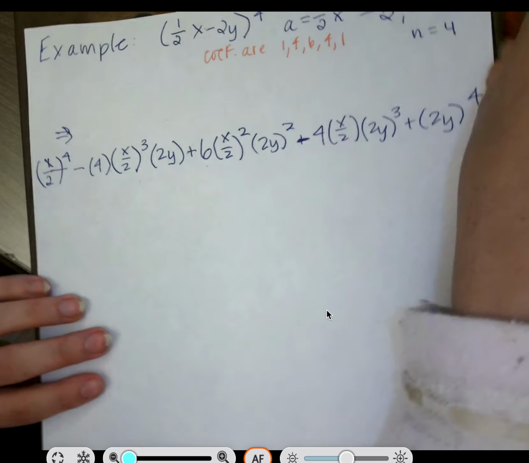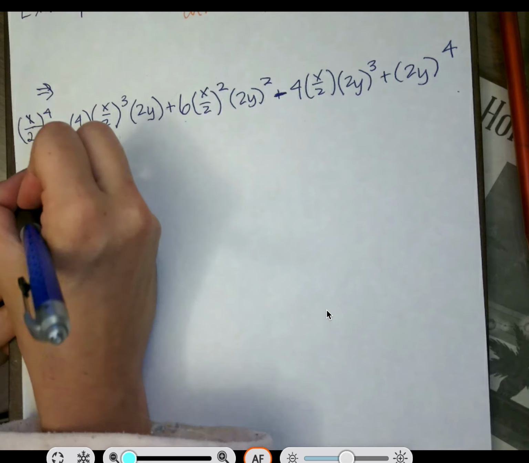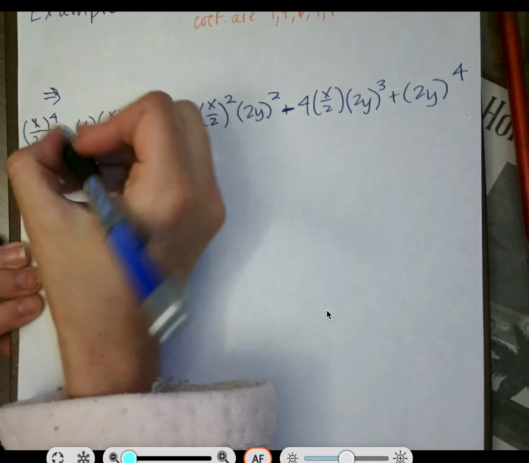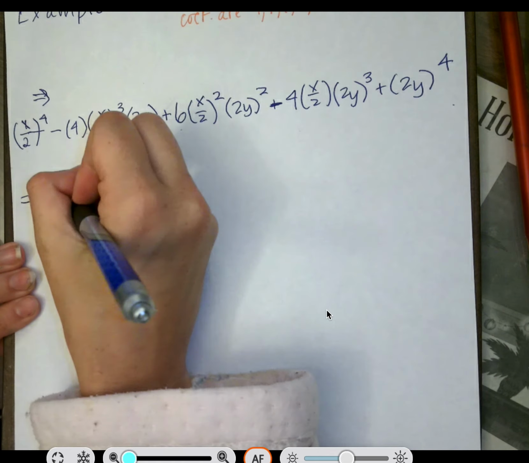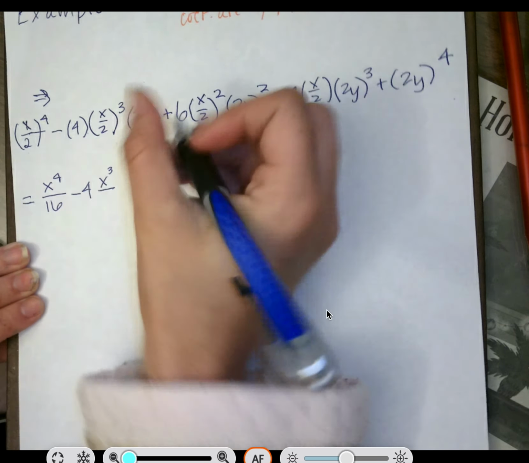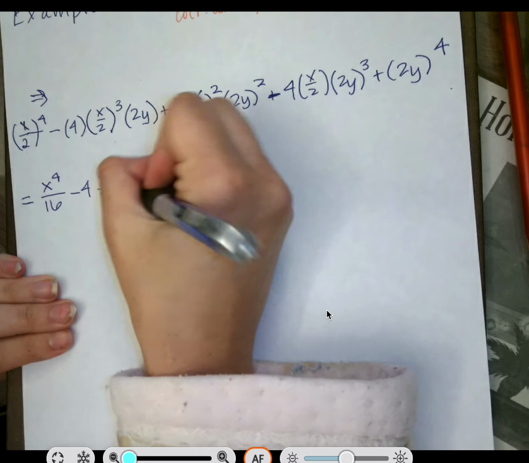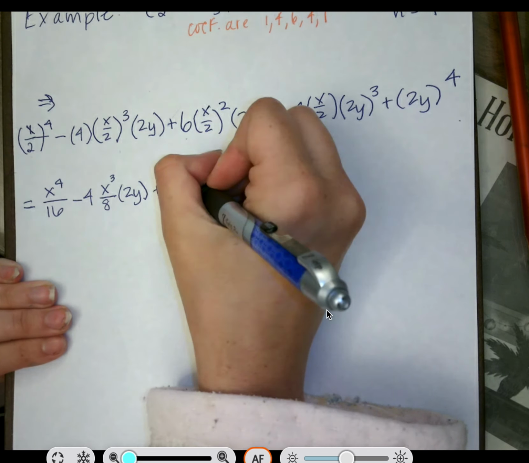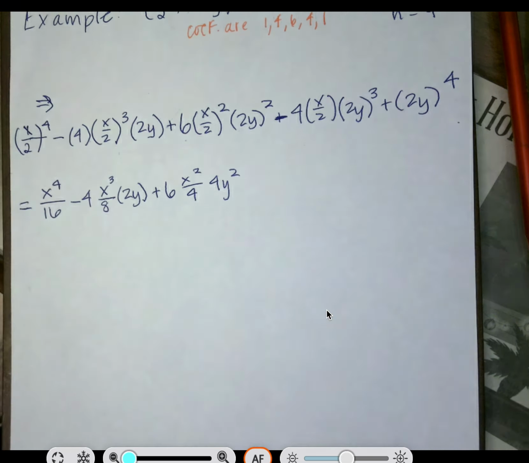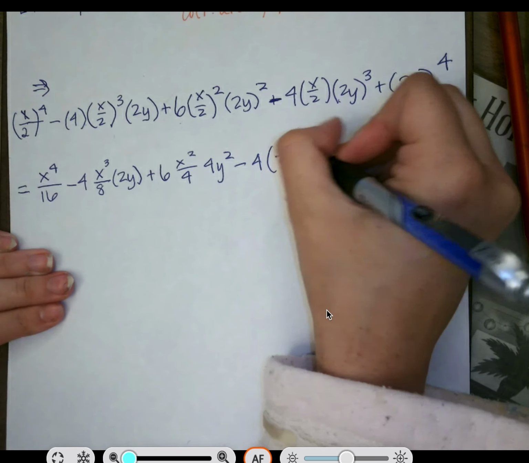All right, so let's look at simplifying this one. X over 2 to the 4th power is the same as x to the 4th over 2 to the 4th, so 16, minus x cubed, so minus 4, times x cubed over 2 cubed, which is 8, times 2y, plus 6 x squared over 4. 2 squared is 4 times y squared, minus 4 x over 2. 2 cubed is 8y cubed.